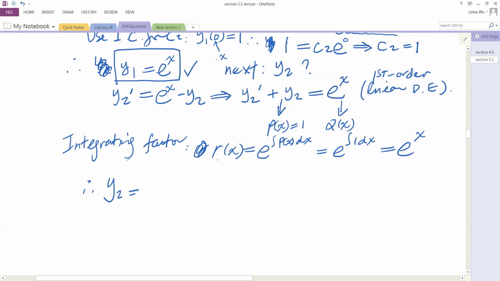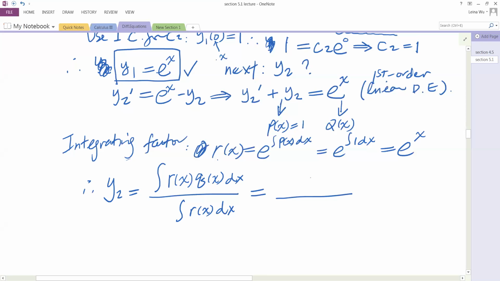Therefore, y2 equals the integral of R of x Q of x dx divided by R of x. So we have the integral of e to the x times Q of x, which is e to the x, dx.